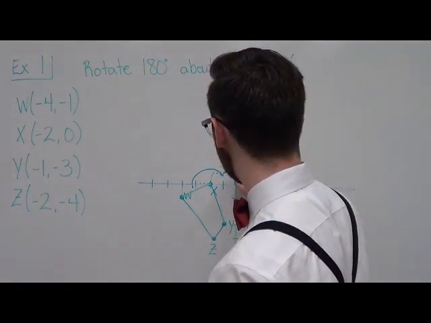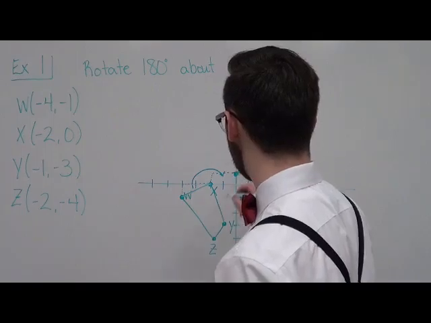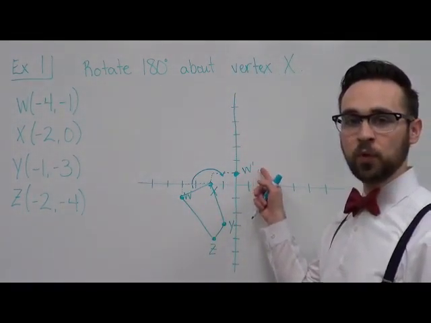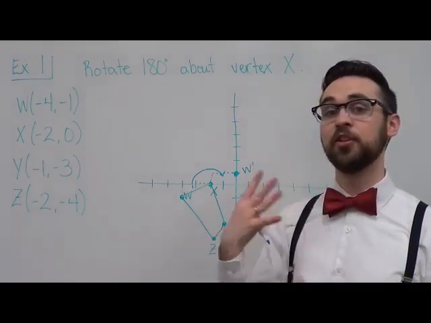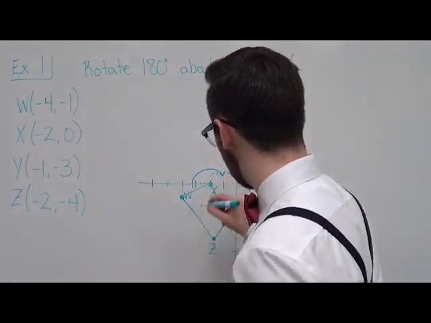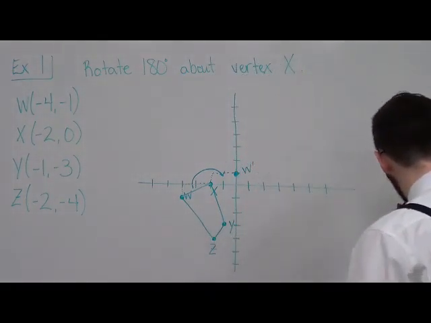So this is my new W prime is what we call it. We put the little apostrophe there if you can see it. We put a little apostrophe because it's W prime. It's the new W point. So now this point, actually I'm going to give it a different color there.